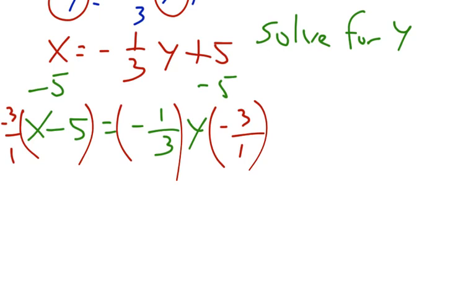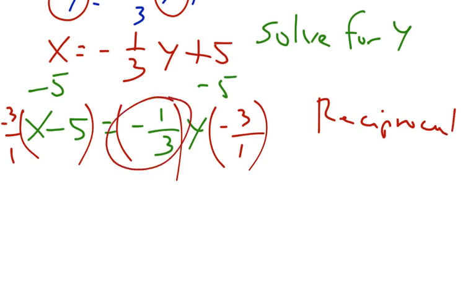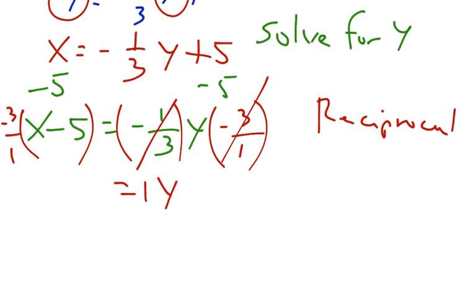Alright. So the reciprocal is you flip this fraction, okay, and multiply. So negative 1/3 times negative 3/1 is going to give you 1y, which you don't have to write. On the other side, that negative 3 distributes to the x and to the negative 5.